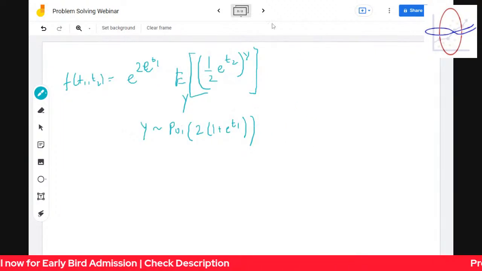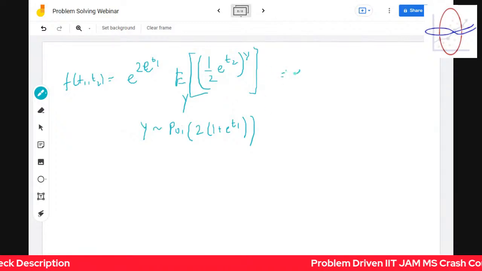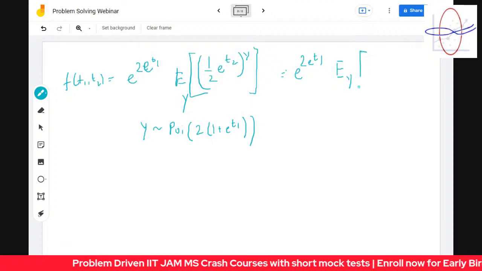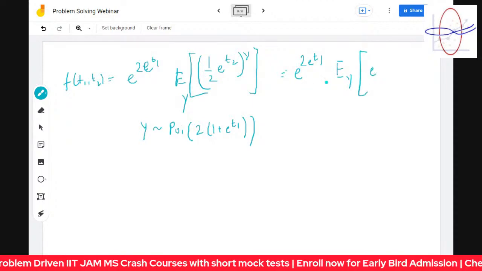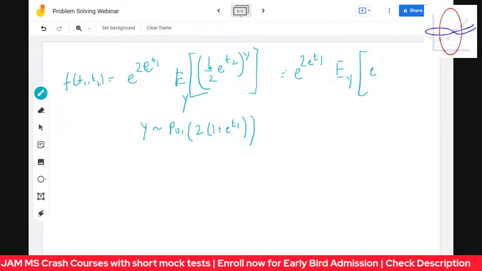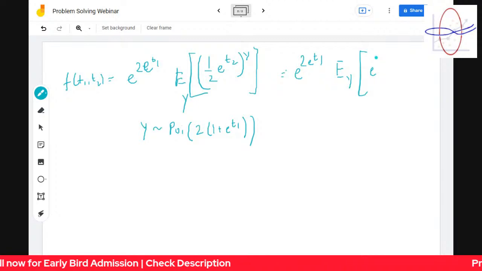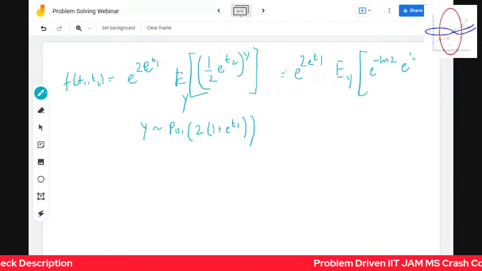Okay. So we can write it in terms of MGF. MGF means what, e to the power something. So you can write it as what? This can be written as half into e to the power, what? Log half minus log 2, into the power 2, whole to the power y.